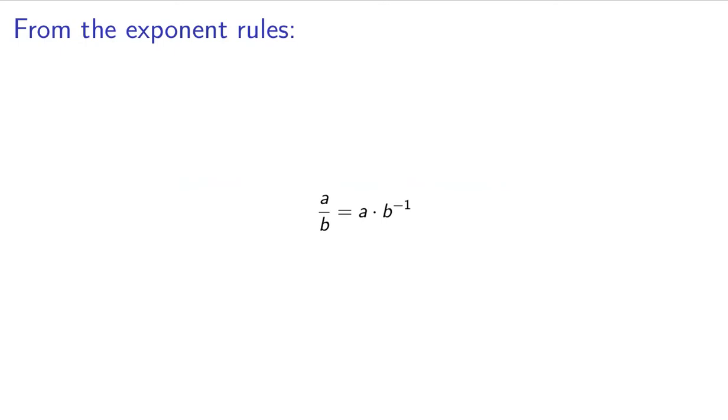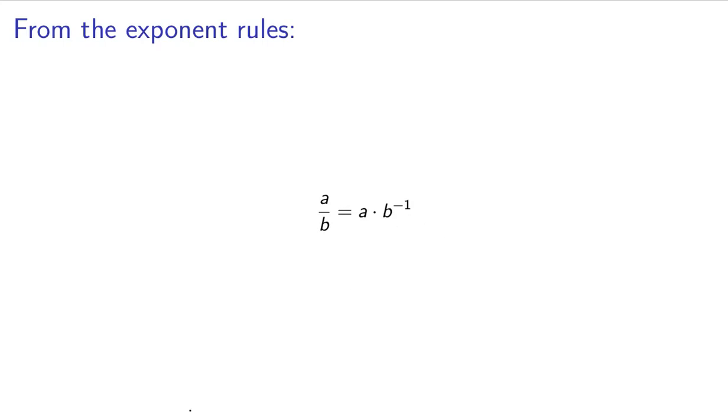Now, from the basic rule of exponents, we know that a over b is the same thing as a times b to the negative 1. You just take the b and move it to the numerator, and then you have a negative exponent.